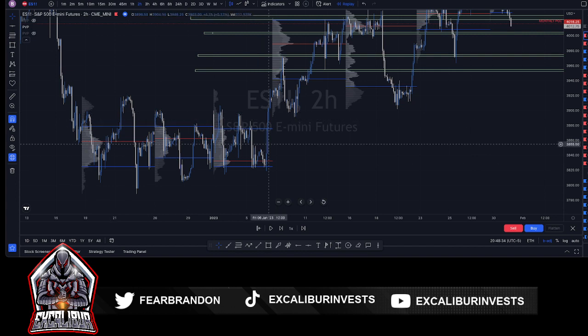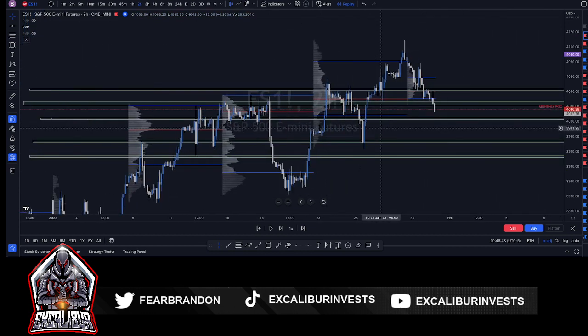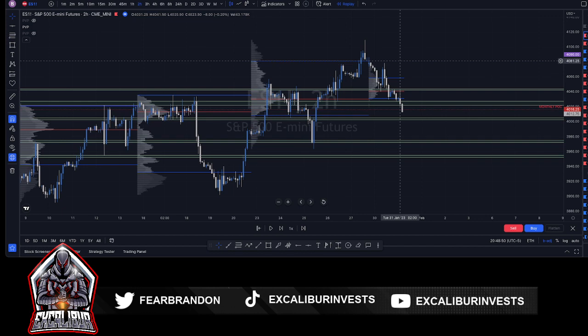We broke above, so we finally broke out of this value area. Pushed up, we had 2 days of range, but this one's a big range because we're basically outside this value area. And then last week we bumped up a little bit. So we're definitely watching the value area low and value area high on this one, which I'm going to keep up.